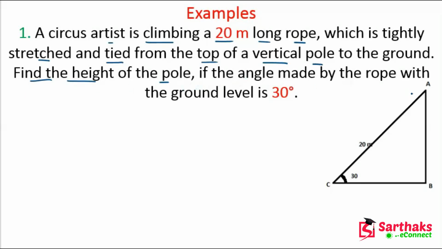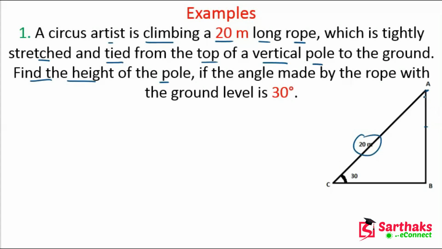So, we have a pole AB. And a rope is tied from the top of the pole to the ground, which is 20 meters long.